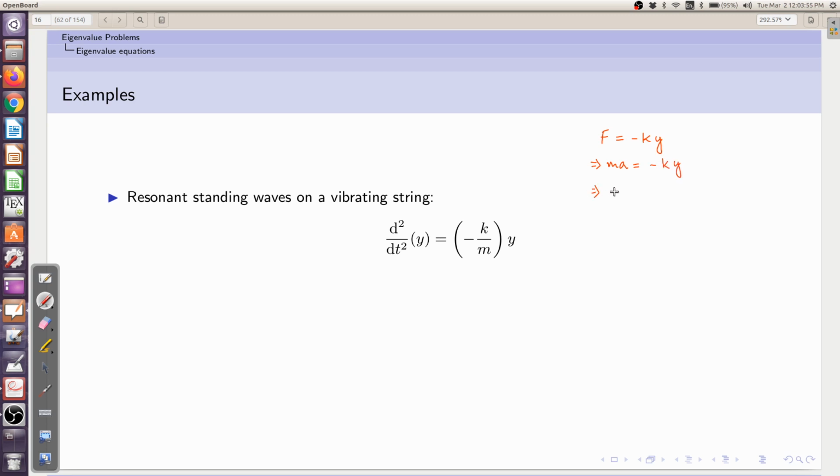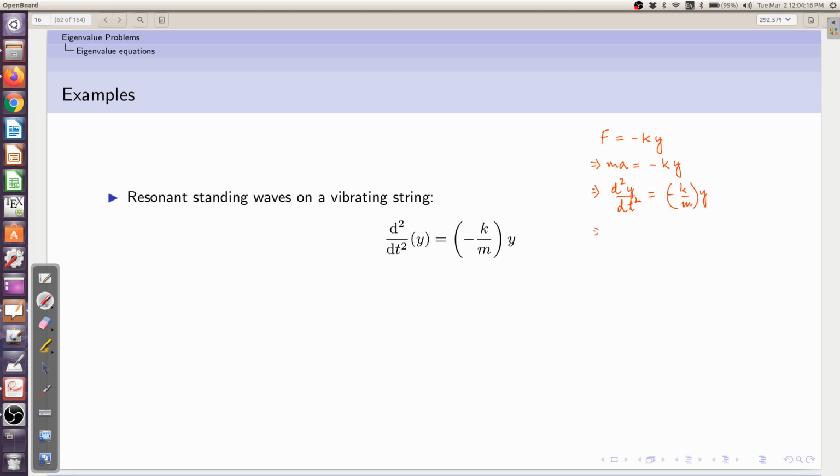Now I can take this m onto the other side, and what we are left with is a. And what is a? A is the second derivative of the position. So this is equal to minus k by m, and what is left behind is y.